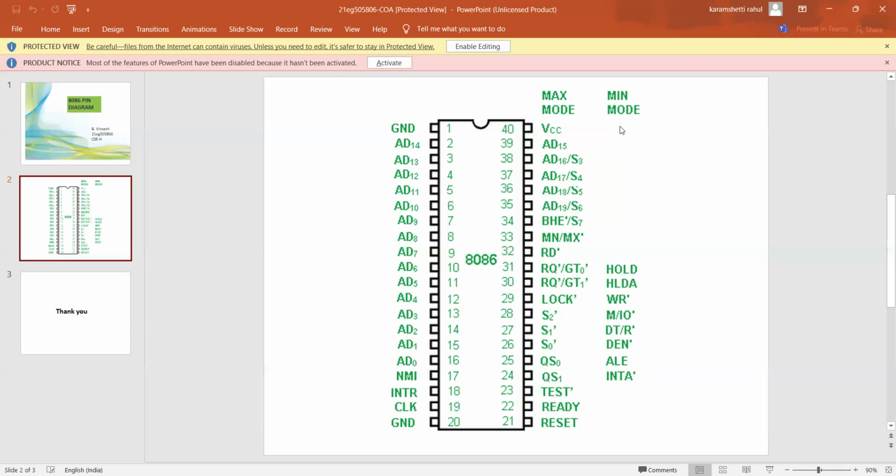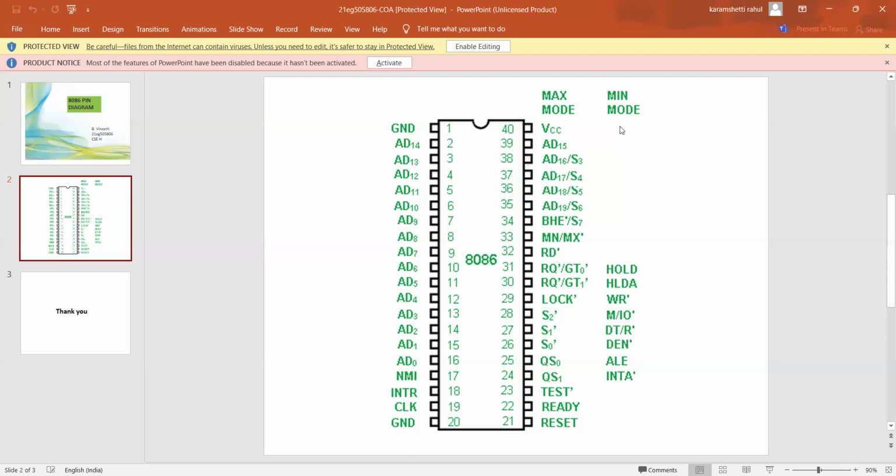If one processor is asking another processor for control over the bus, it sends a request, and if the processor which has the system bus grants that and gives the system bus control to that processor, then the request grant pin is enabled, and it is active high.